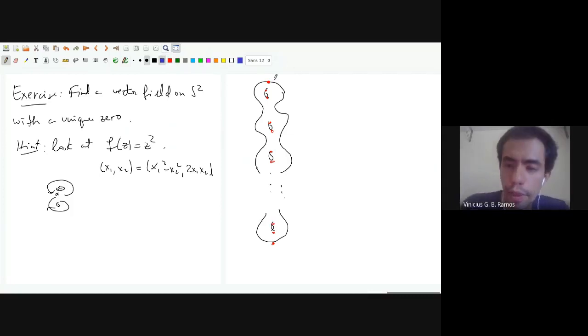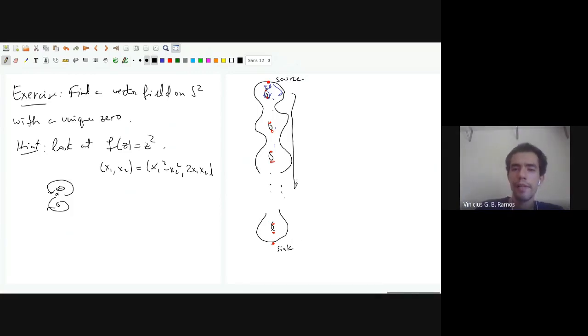Anyway, I'm not going to draw everything, but the top is going to be a source. The bottom is going to be a sink. And then you actually have two G saddles.